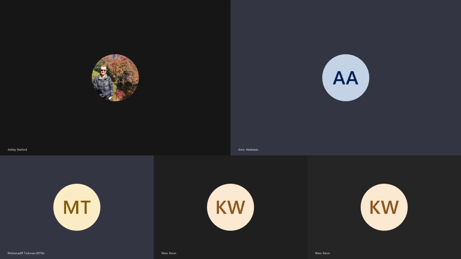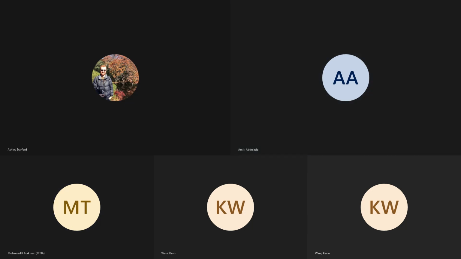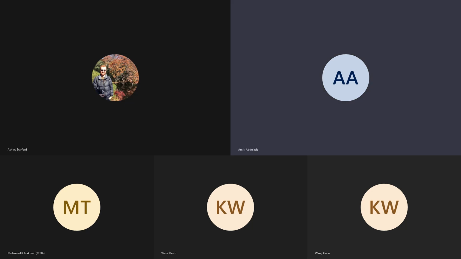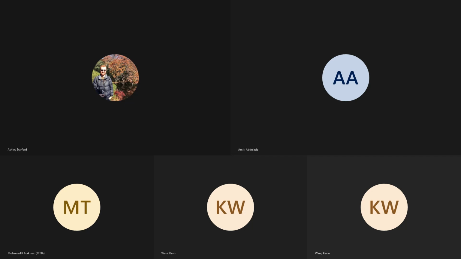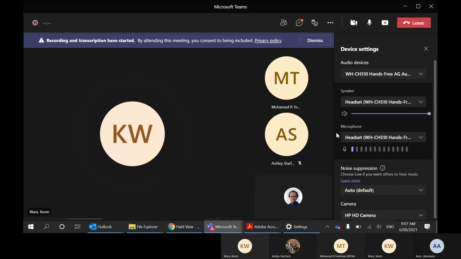Would you be able to share your screen? I can't really because right now I'm using my computer. Let me see. I'm going to share my screen here. Can you see this here, the 3 dots on top?